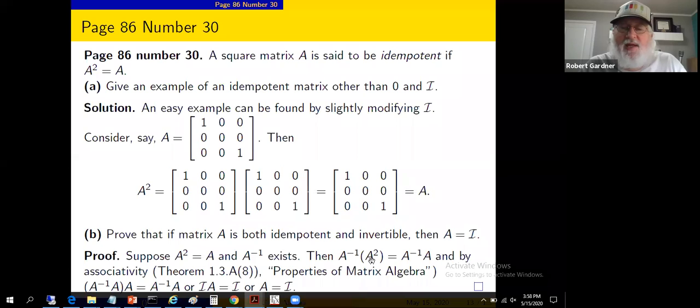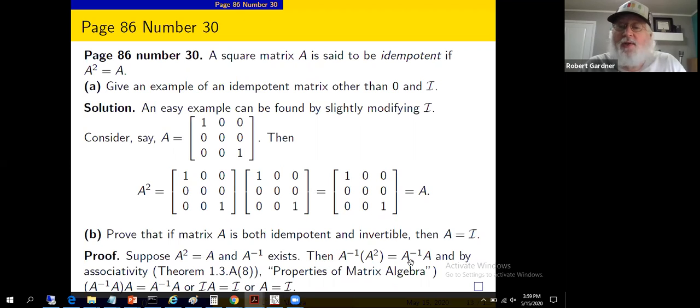Hey, A squared equals A, that's the idempotent part, so that's the same as A inverse times A. Also, A inverse A squared, we can rewrite by grouping the A inverse with the first A in that product, using associativity, as A inverse times A, and there's the second A. So we've taken this expression, and using associativity, we can express that same term as A inverse A times A.